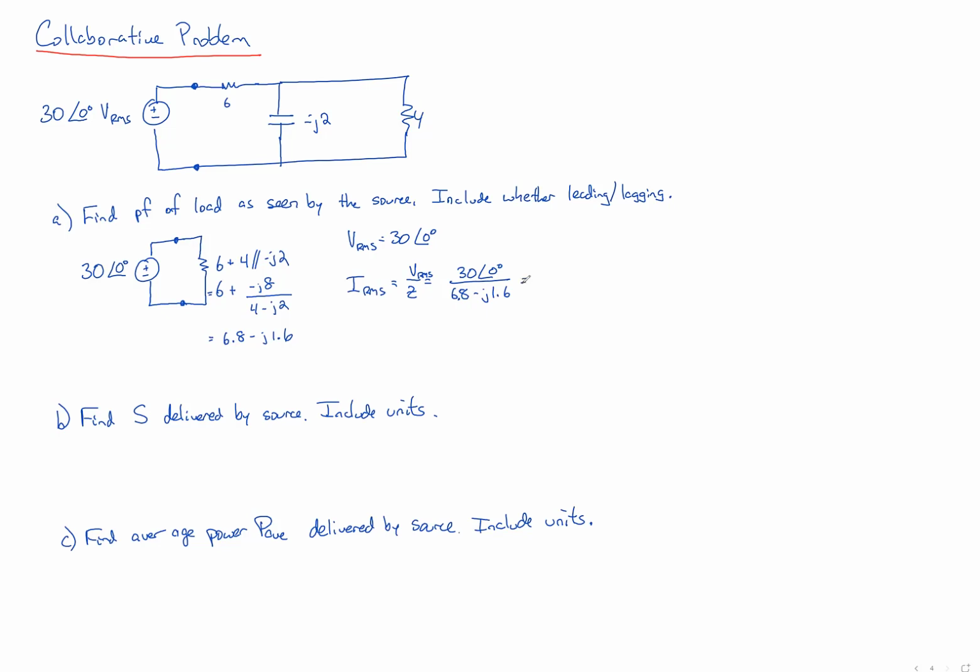It's a source, so we're going to write it in polar notation, and that's 4.29 at an angle of 13.2 degrees, amps. The calculator just does that for us. And now, armed with these intermediate answers, let's answer the question.